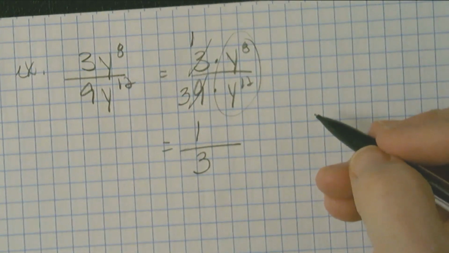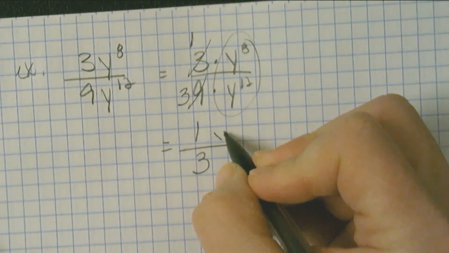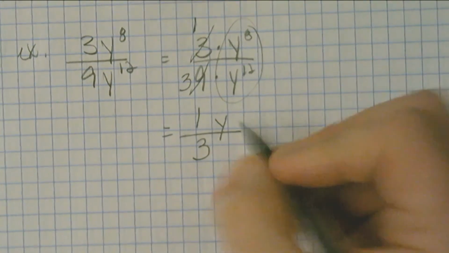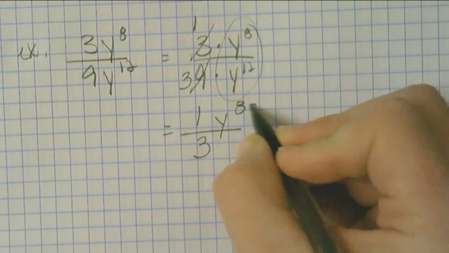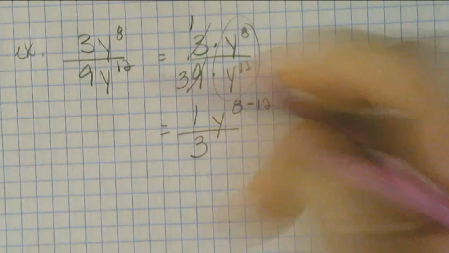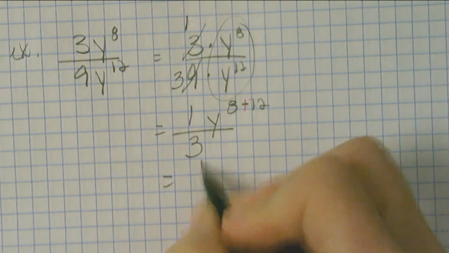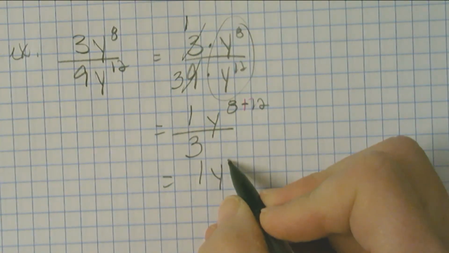I'm using my division power rule. So someone tell me, I have y in my numerator. What am I doing with the exponents? Layla, tell me what it's going to look like. Excellent. So what does that mean that I have? 1 in the numerator times y to the positive or negative?